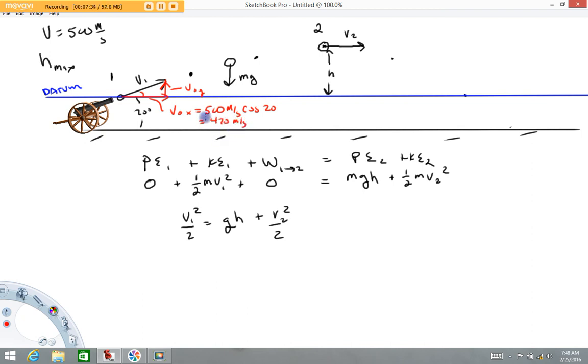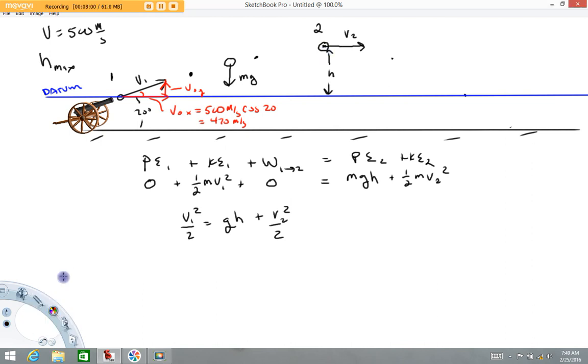Now the reason I calculated the v sub ox: when we look at this force, it only has a y component, a vertical component. It does not have an x component. That means that horizontal velocity component is going to stay constant in this problem because there's no force to change it. And I take note that here at position 2, the velocity is purely horizontal.